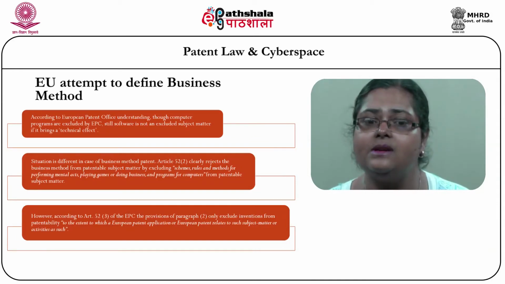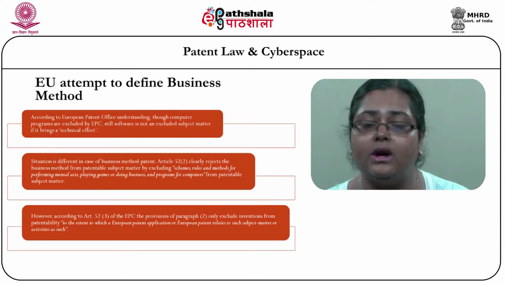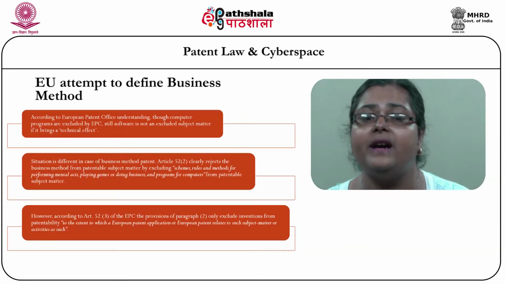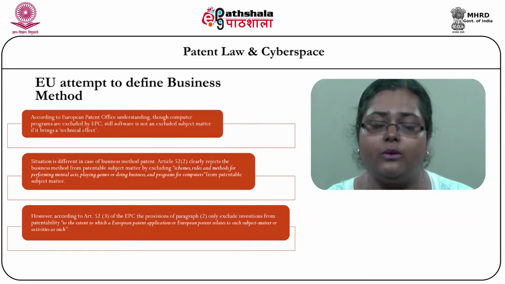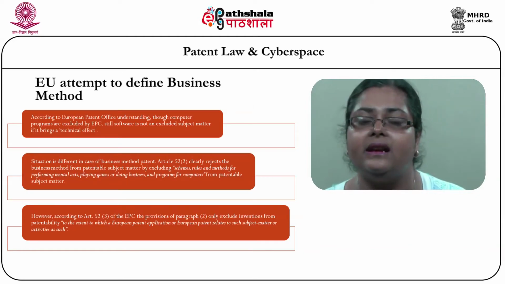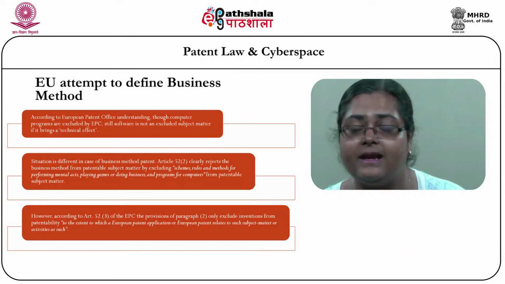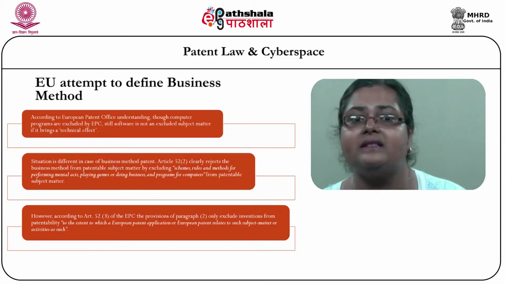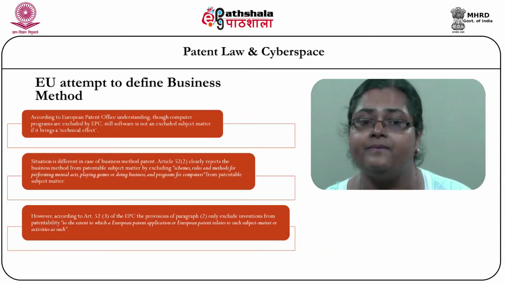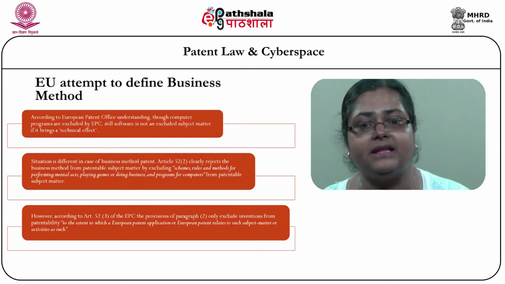It's very ambiguous because those two words, technical effects, are nowhere clarified properly. Now we need to base on different cases to understand what exactly they try to mean by the words technical effects. Now if any software is having the technical effects, it can be granted a patent, otherwise not. Situation is different in different cases of business method patent.